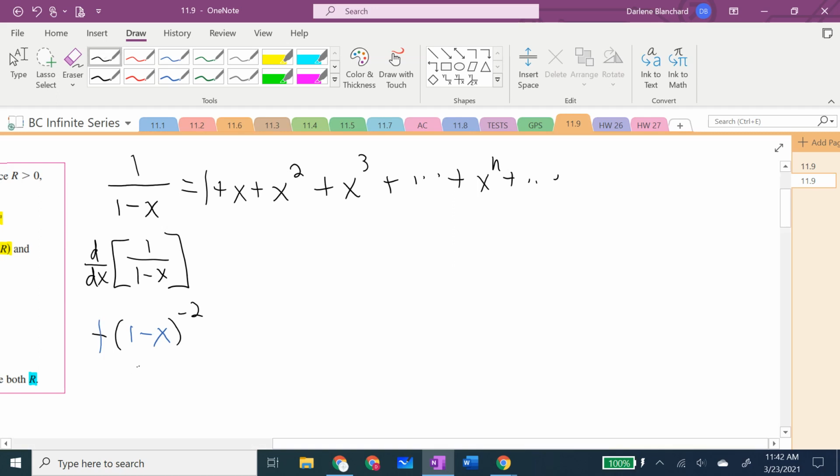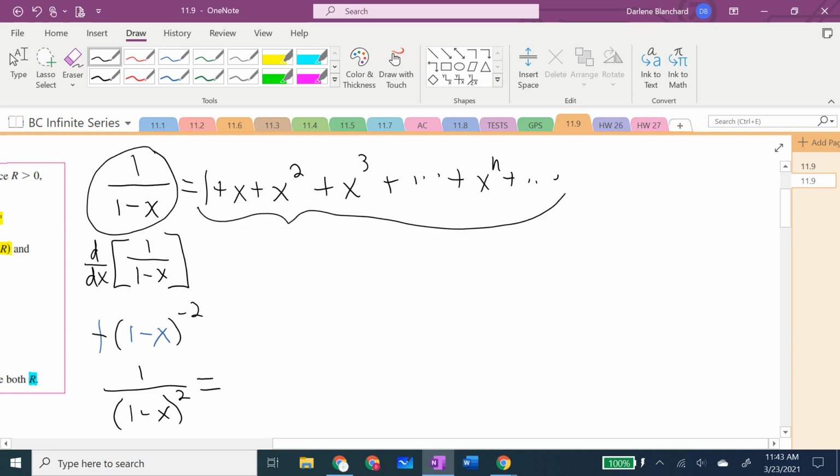So I get the function 1 over parentheses 1 minus x quantity squared when I take the derivative of this one particular function that I know a power series for. So let's now take the derivative of this power series. So do the polynomial's derivative. And derivative of 1, we get 0.